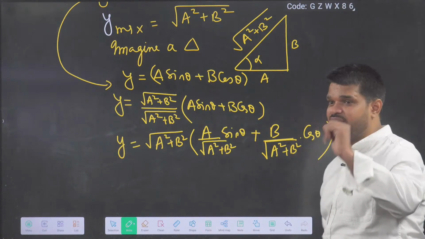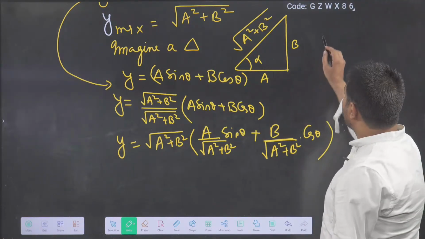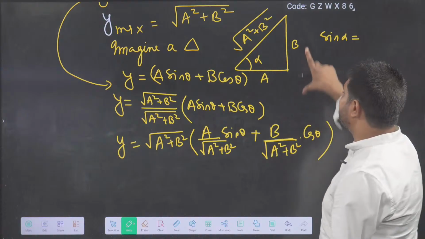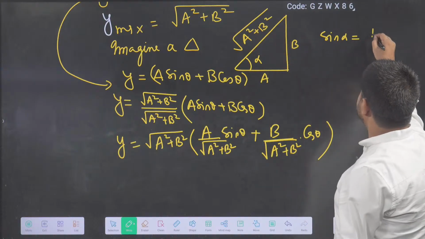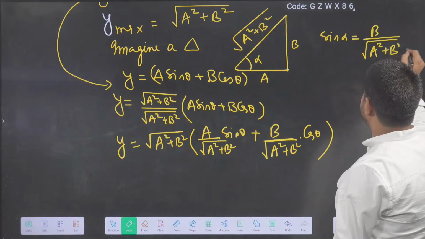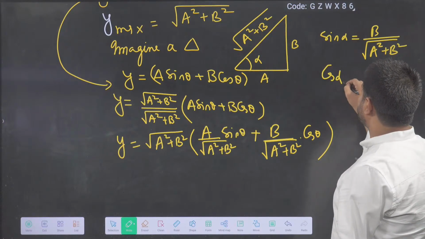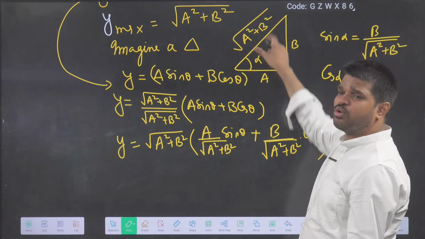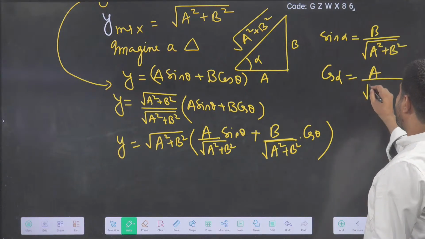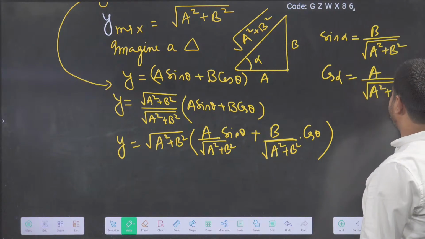Now everyone feel one thing. As per this triangle, what is sine alpha here? B by under root of A square plus B square. And what is cos alpha here? A by under root of A square plus B square.